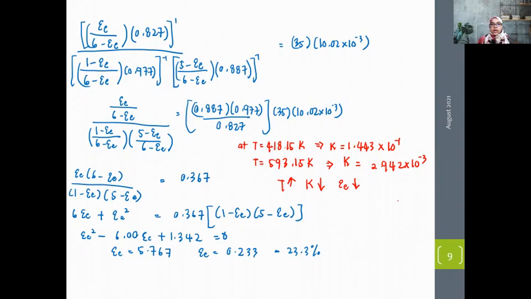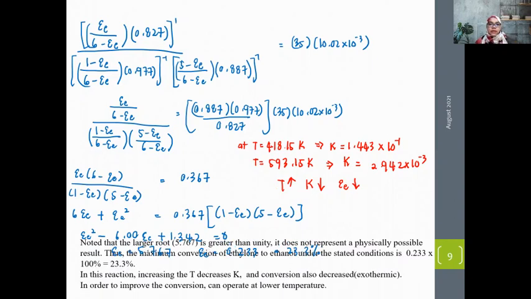So to obtain a higher conversion, we should operate the reactor at lower temperature. We can conclude with this sentence: in this reaction, increasing temperature will decrease the equilibrium constant and also decrease the conversion. So to improve it, we just operate at lower temperature.